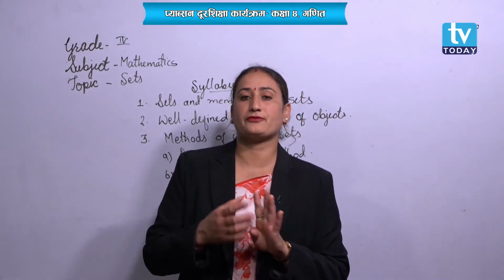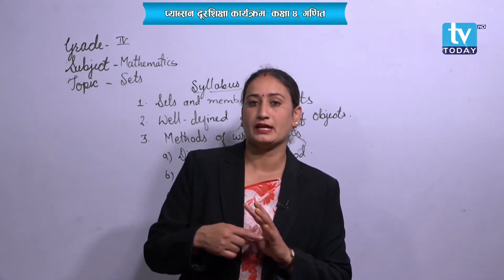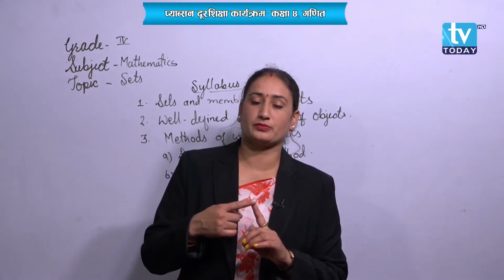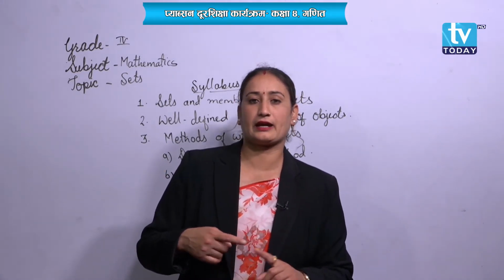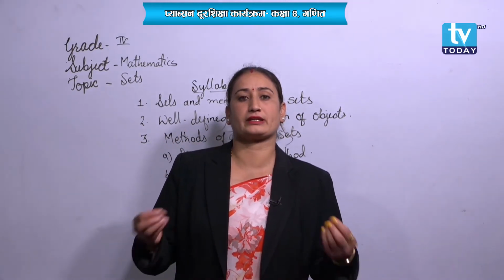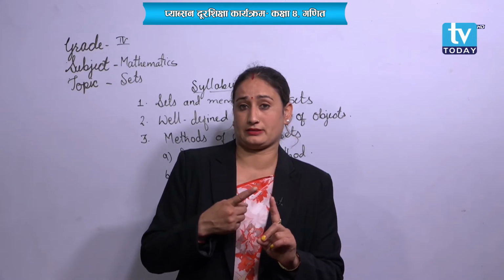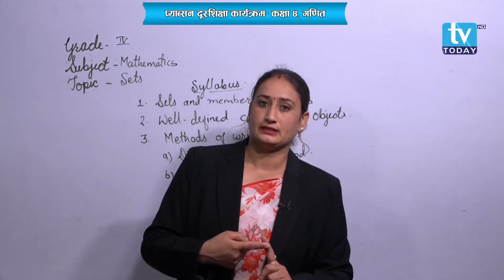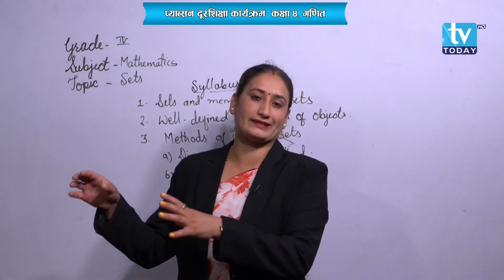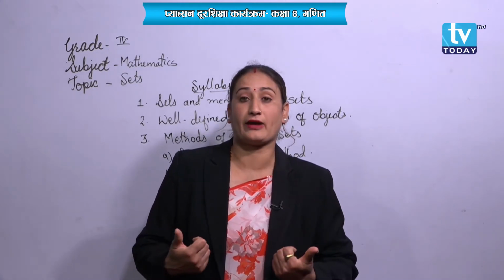If I name the 4 sections A, B, C, D, right? Each section has boys and girls who come from different places. Whenever they enter the class, they become grade 4 A section students. Done? Okay, it means it's well-defined. They belong to that class, so it's well-defined.